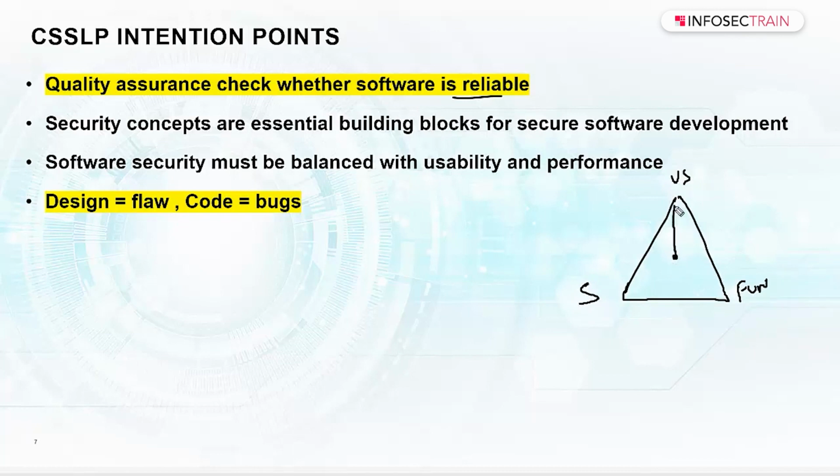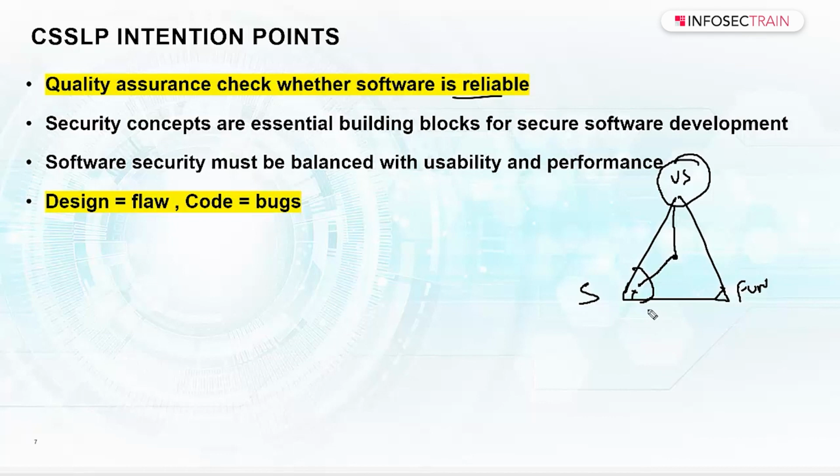If I move this ball toward usability, I give too many usable functions in the application. In that case, being too user friendly will compromise my security and my functionality. And if I move this ball towards security, there are so many security parameters in that particular application. For example, I log in first, it asks me to enter a complex password, then it asks me to enter the OTP, then it asks me to enter the security question.